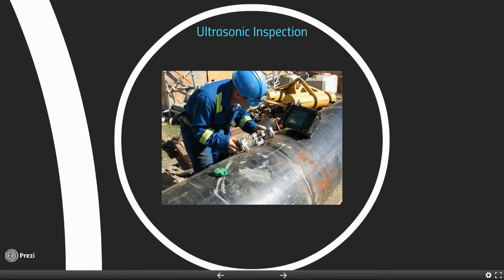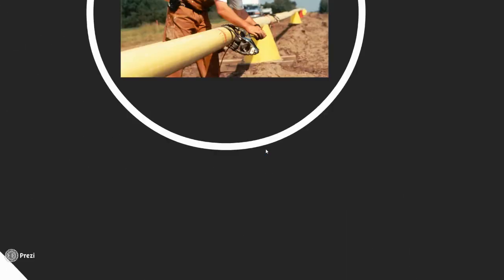What happens is it sends an ultrasonic signal down, and that signal will get bounced back if it hits a void or a defect, something like that. So this one can be used to determine if there are deep defects, okay? But it is not as easy to use as some of the other methods, obviously.